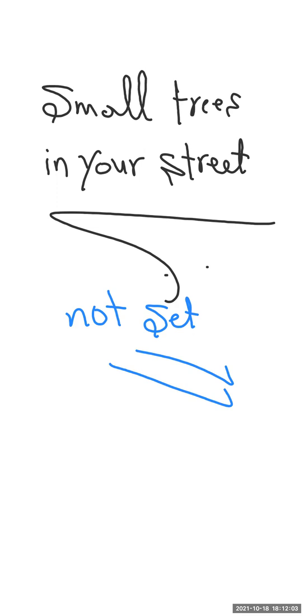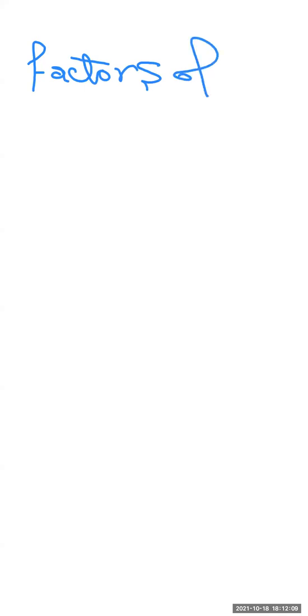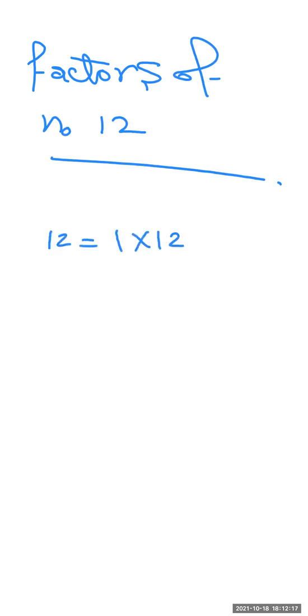One more example. Factors of number 12. Okay, what are the factors of number 12? Actually, 12 equals 1 times 12. 12 equals 2 times 6. 12 equals 3 times 4. That's it.